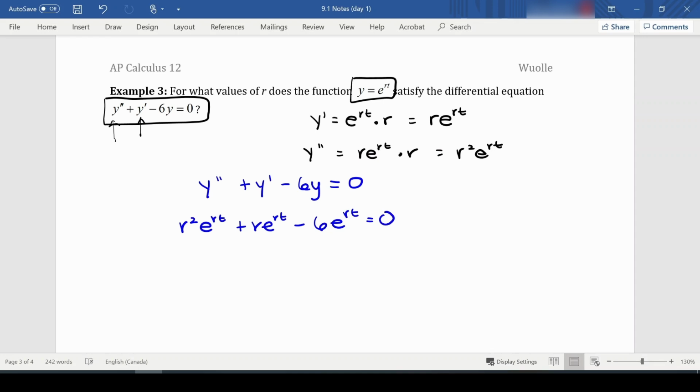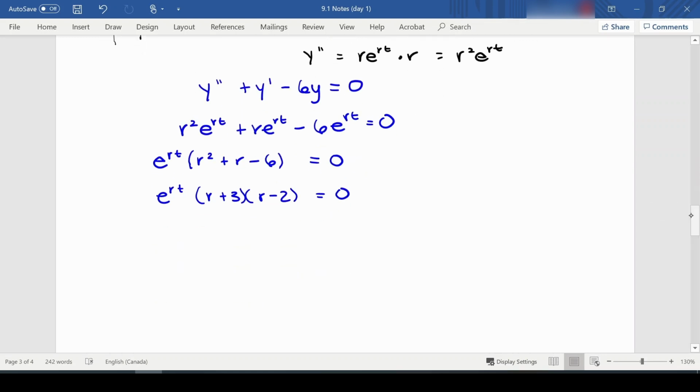Hopefully we'll notice that there's an e to the rt in everything. We can factor an e to the rt out. Then we end up with a quadratic. We can factor that. And then we can solve for the quadratic. So we get r equals -3 or 2.